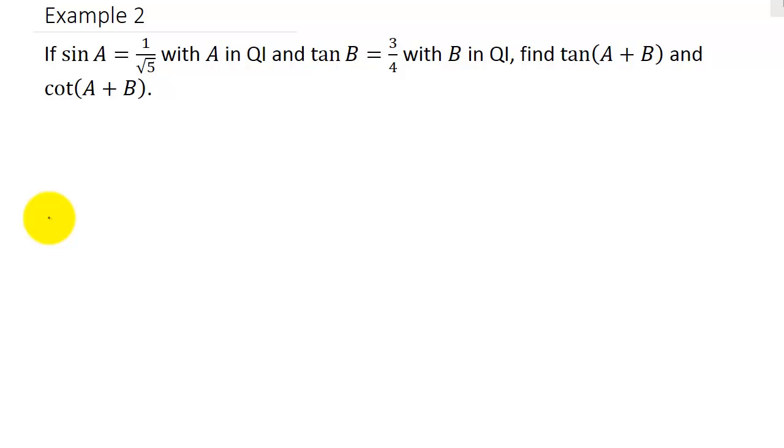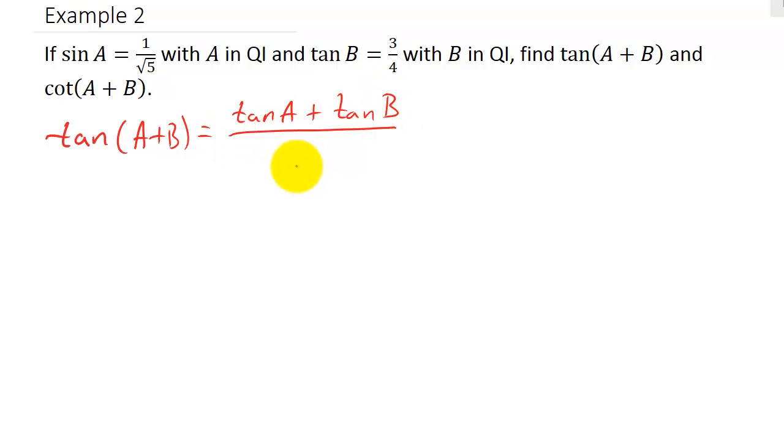Alright, so let's write down the formula for tangent A plus B first. Tangent of A plus B is equal to tangent A plus tangent B over 1 minus tangent A times tangent B. So let's see.